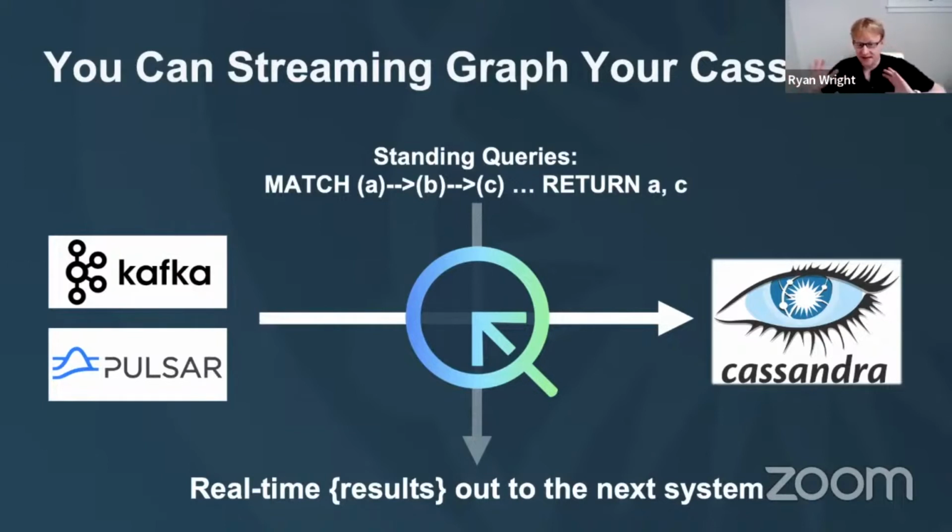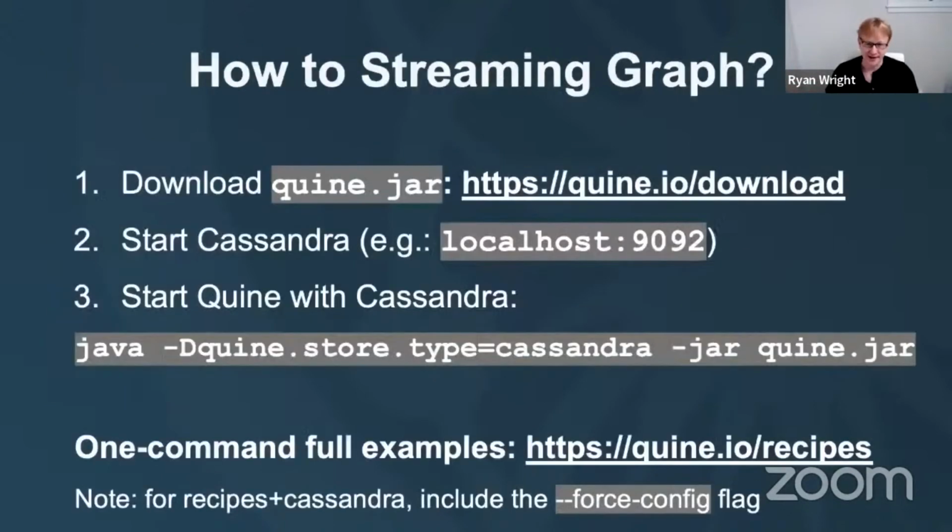When they get completed because of new data coming in, combined with old data pulled out of Cassandra at just the right moment, you get real-time results that can trigger updates to the graph or can stream data out to the next system. And so plug it into Kafka or Pulsar and deliver that data to wherever it needs to go, plug it into Slack, notify some humans, notify some users about what's going on, and let them take action.